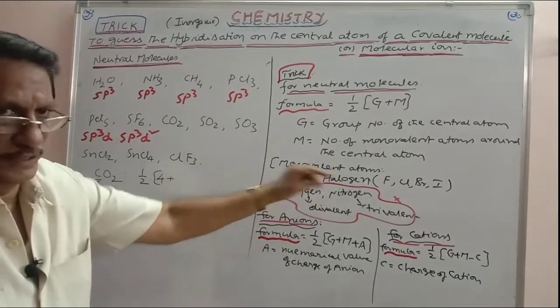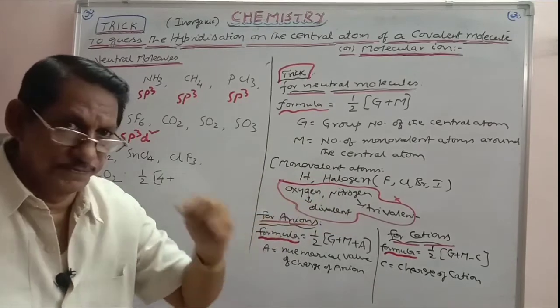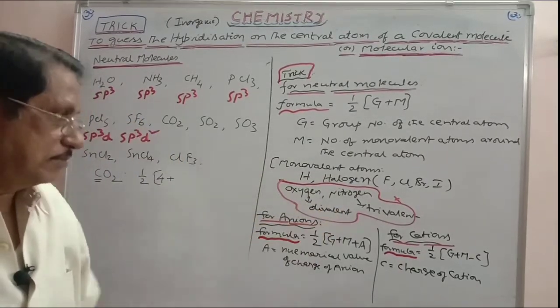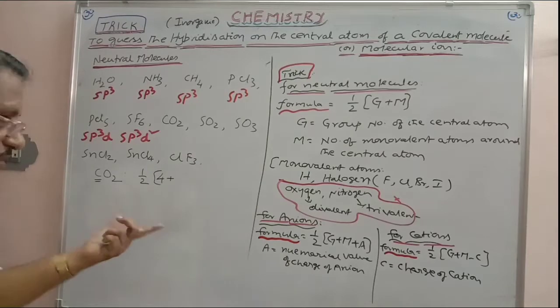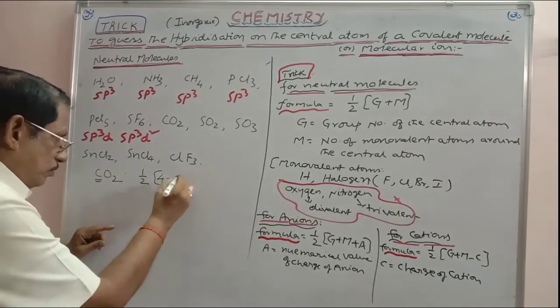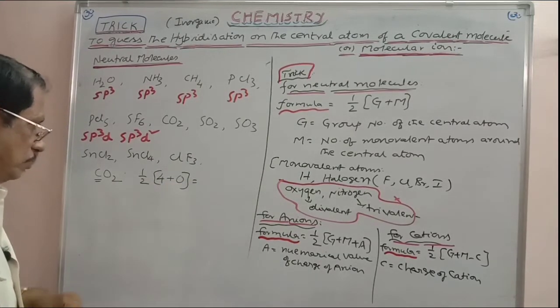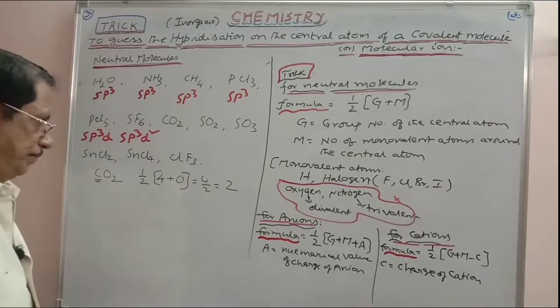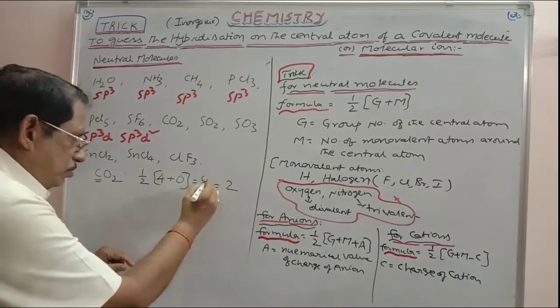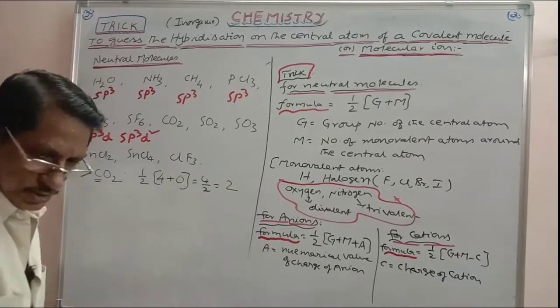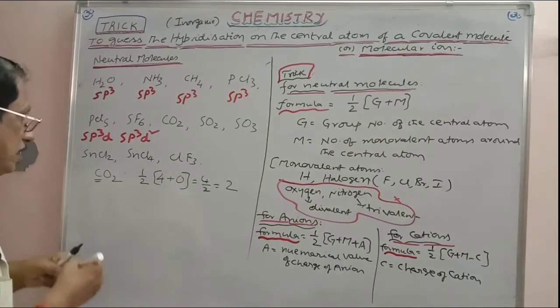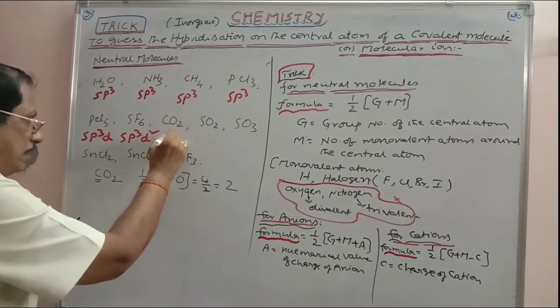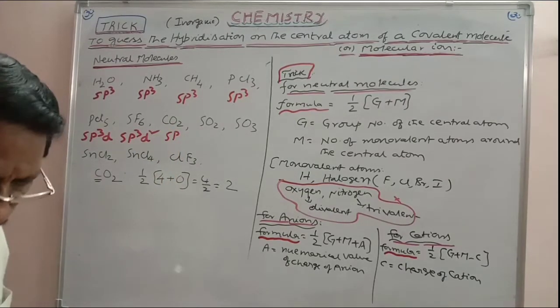Oxygen is not monovalent, it is divalent, so it need not be considered here. So the number of monovalent atoms is 0. So half into 4 plus 0, 4 by 2, that is equal to 2. So here, what is the hybridization, please tell me? That is sp. Right? sp hybridization.